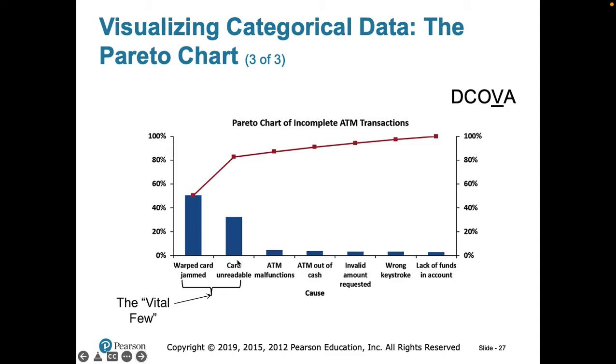So that's what the Pareto chart is, having this bar graph at the bottom. Just remember these are going to be vertical and not horizontal, and then you have this other graph at the top, which is the cumulative of all the observations.